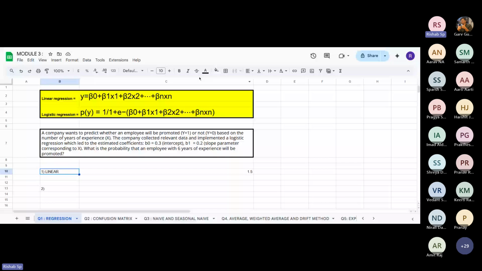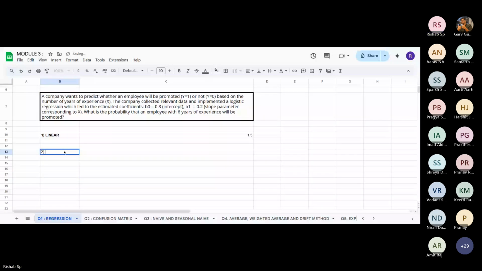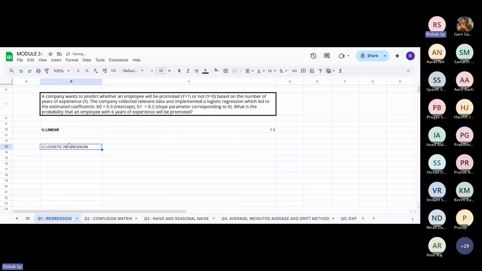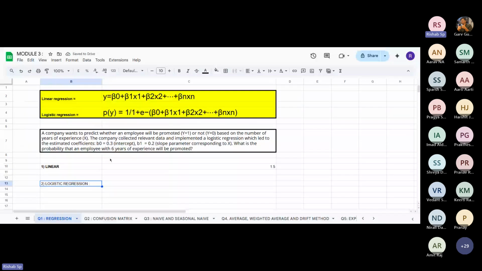Now we'll find the logistic regression. The day before yesterday, someone told me that there are actually two equations for logistic regression, and I'm using the long one.